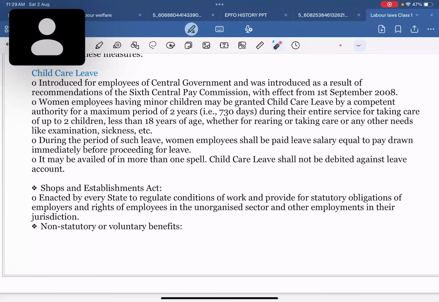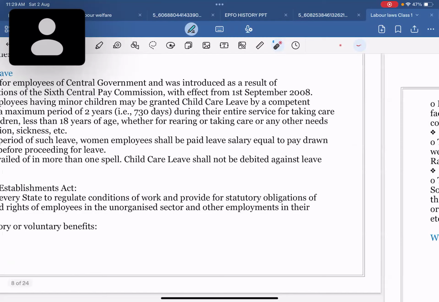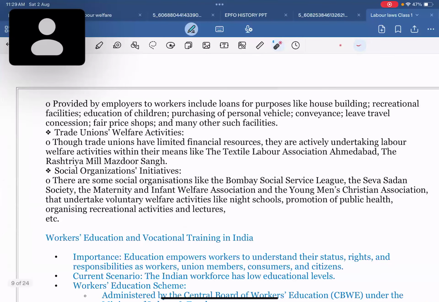Shops and Establishment Act, enacted by every state to regulate conditions of work and provide for statutory obligations of employers and rights of employees in the unorganized sector and other employments in their jurisdiction. Now statutory or voluntary benefits provided by employers to workers include loans for purposes like house building, recreational facilities, educational facilities, purchasing of a personal vehicle, conveyance, leave travel concession, fair price shops, and many other facilities.